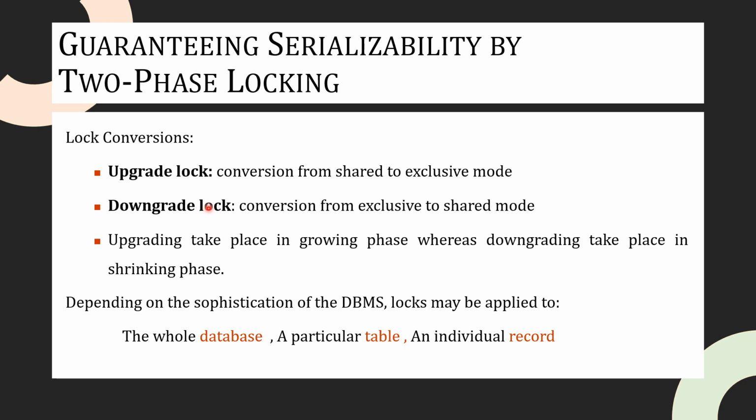Downgrade locking means we are converting from exclusive mode to shared mode. In exclusive mode we have both read and write access, but in shared mode the transaction can only read but not write. Upgrading takes place in the growing phase, whereas downgrading takes place in the shrinking phase.